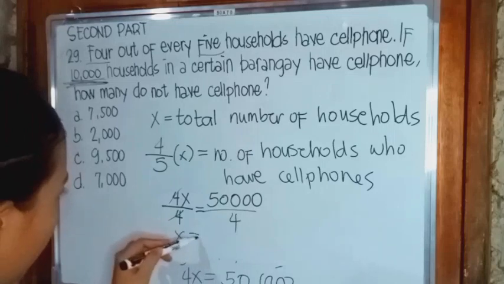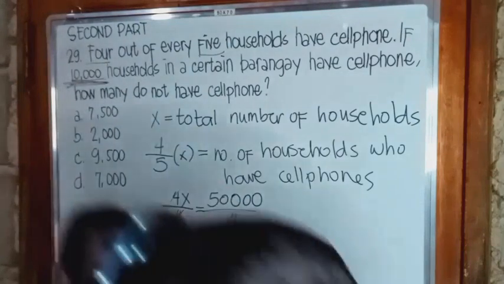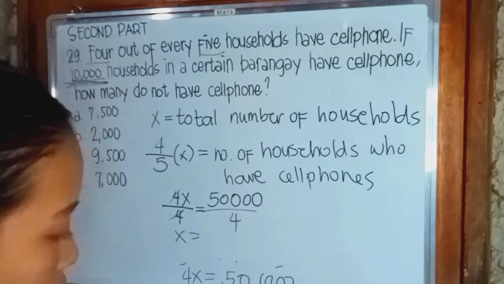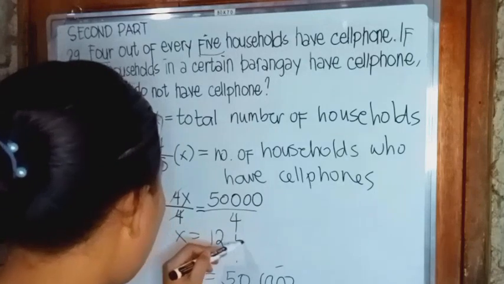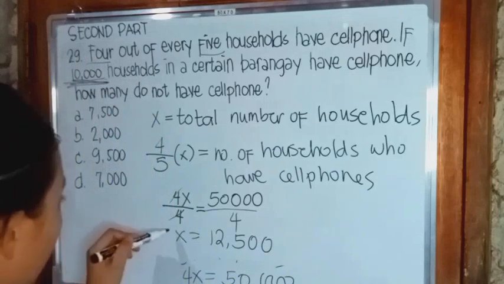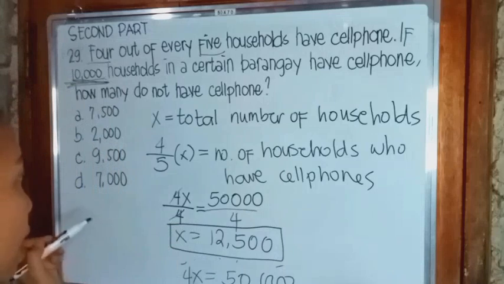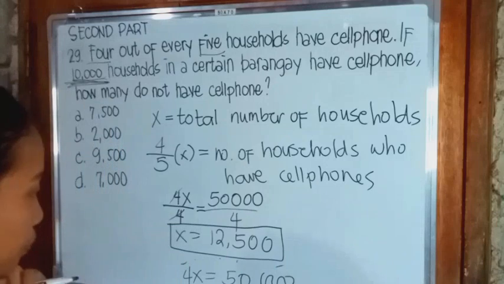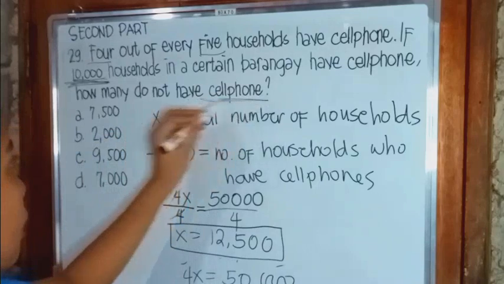So x is equal to 50,000 divided by 4, which is 12,500. So we can conclude that the total number of households the barangay has is 12,500.